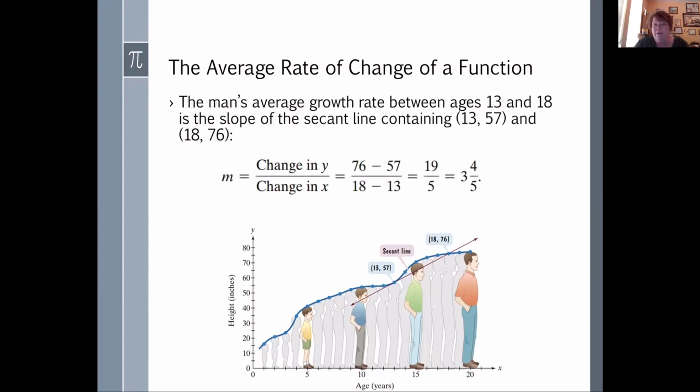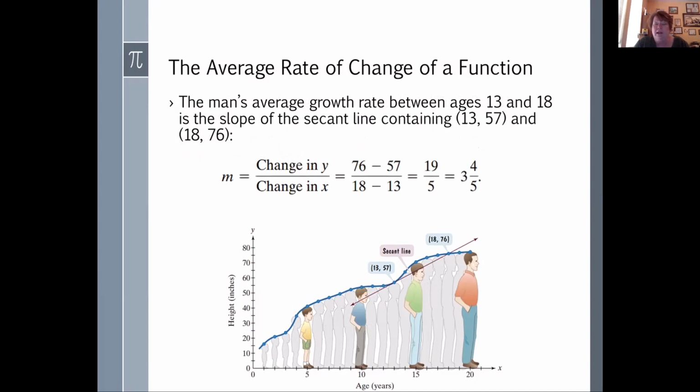The man's average growth between ages 13 and 18 is the slope of the secant line that connects those 2 points. We calculate the slope by the change in y over the change in x. So we take the difference in the y values divided by the difference in the x values, and we end up with 3 4/5.